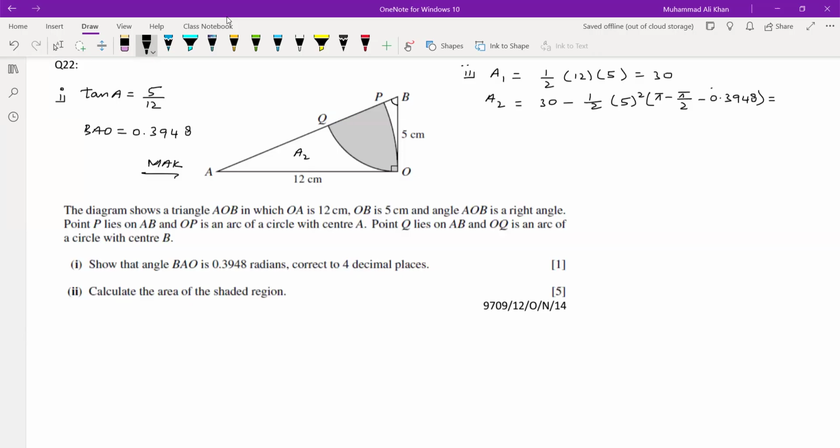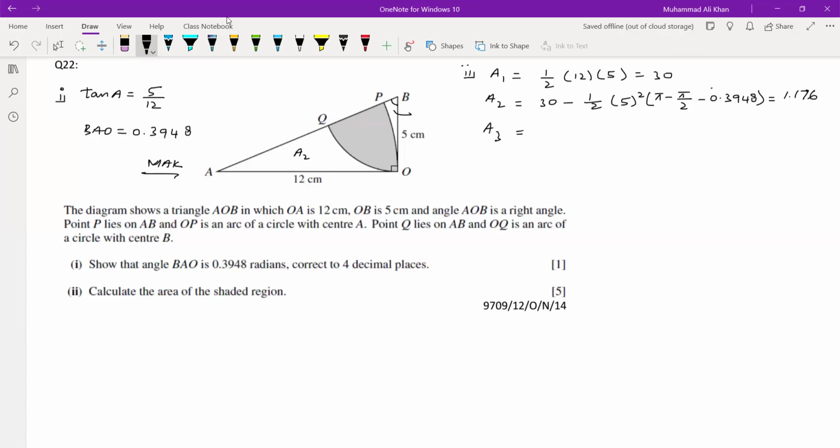What is area 2? Area 2 is 1.176. Now area 3.